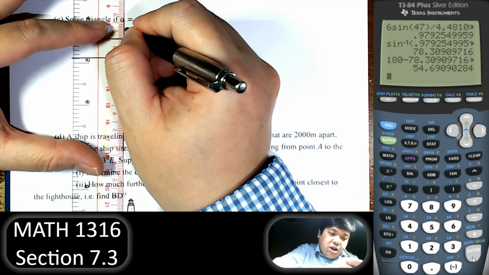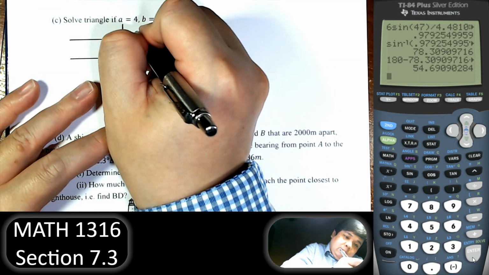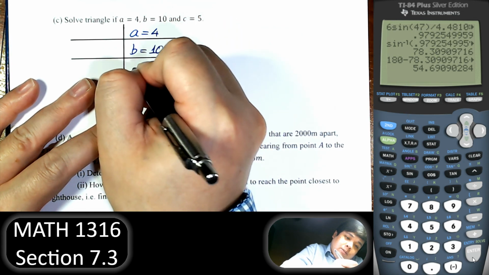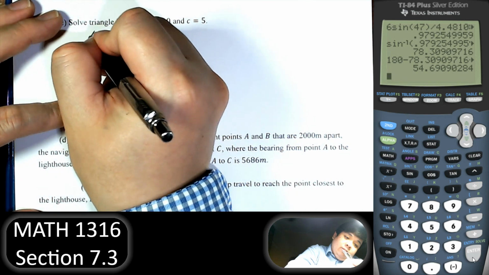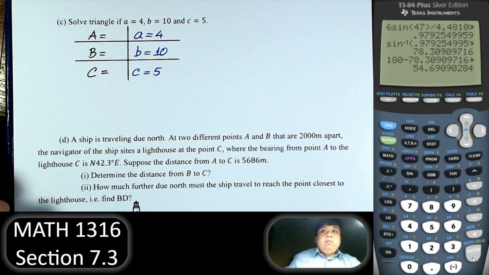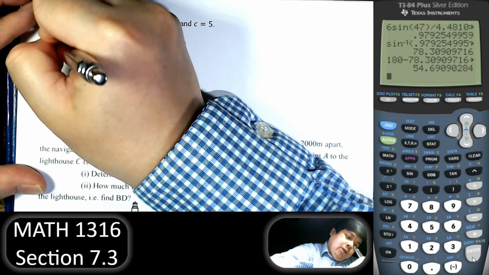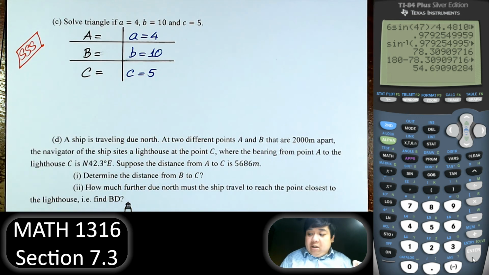Obviously we know three sides, and we don't know any of the angles. And this is SSS. So for SSS, we're going to use the law of cosine, because obviously we cannot use the law of sine without knowing a pair of opposite side and angle.